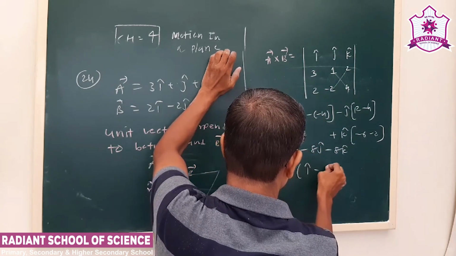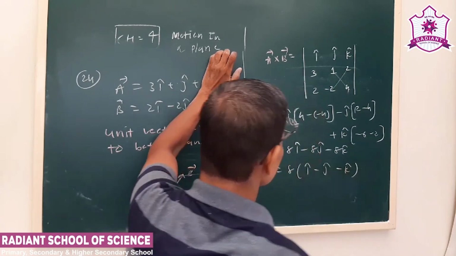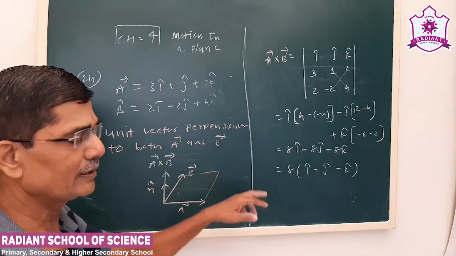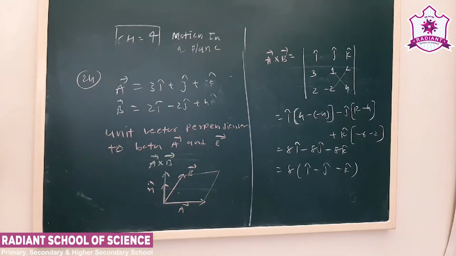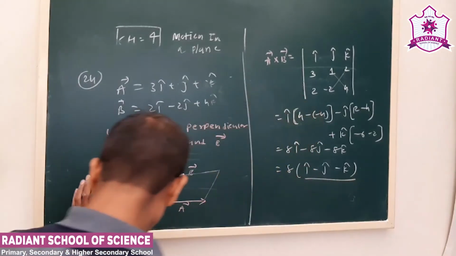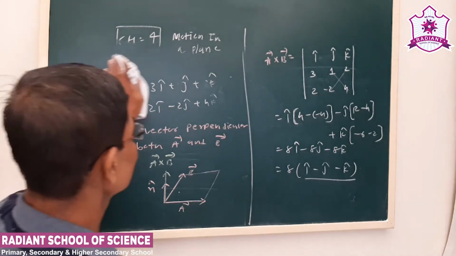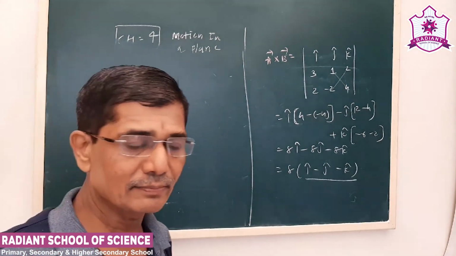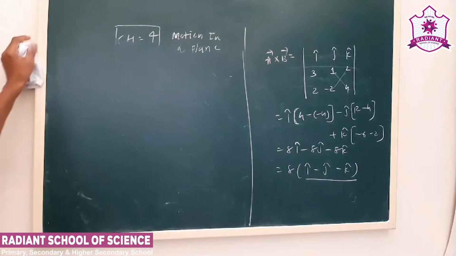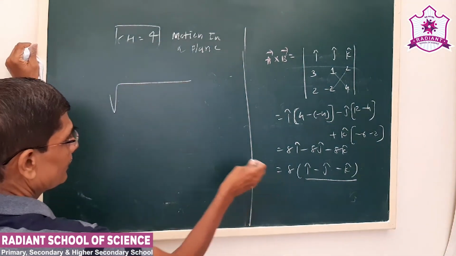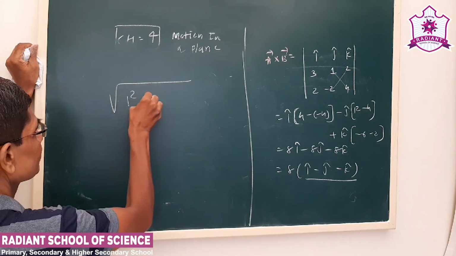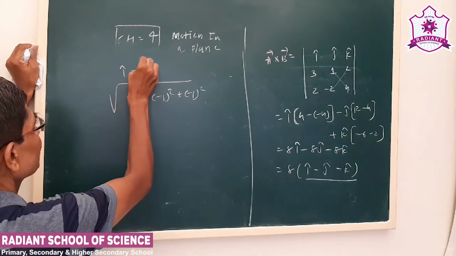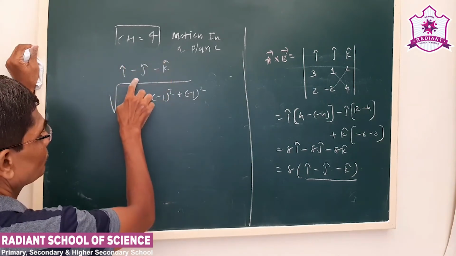This we can call the vector product of A and B. And what is the unit vector of this? See, how do we get a unit vector of a given vector? Dividing a vector by its magnitude, we get a unit vector. So here the magnitude of i minus j minus k is root 3. Okay, the coefficient is minus 1 here.